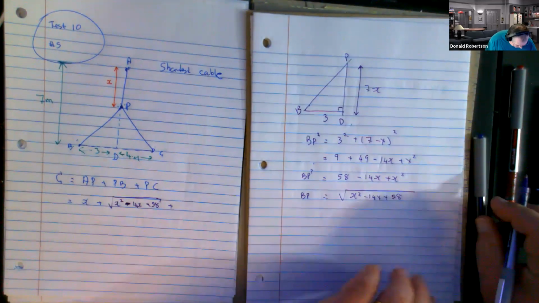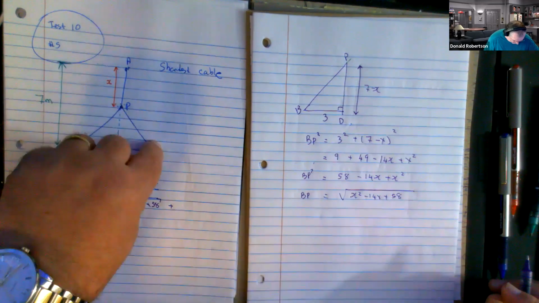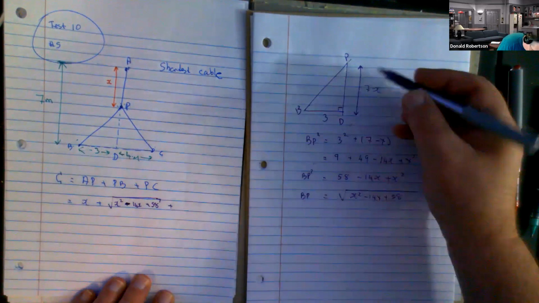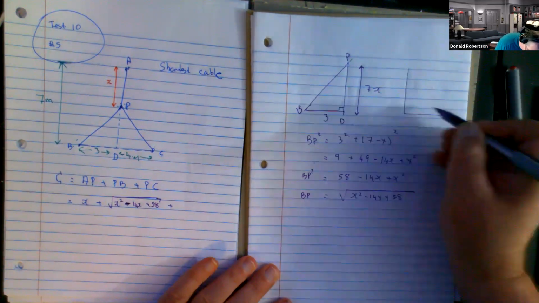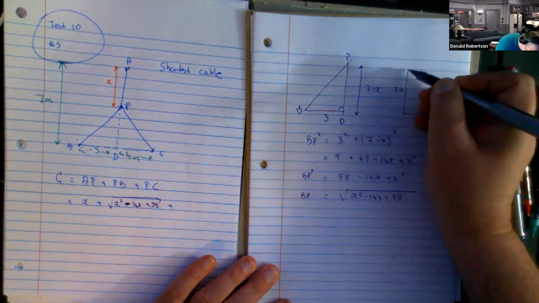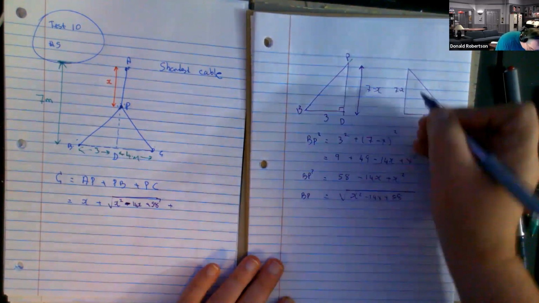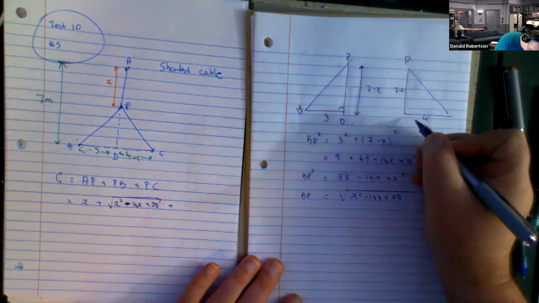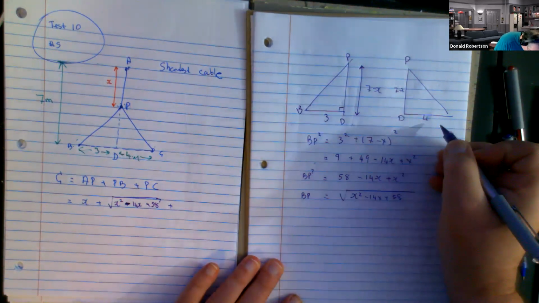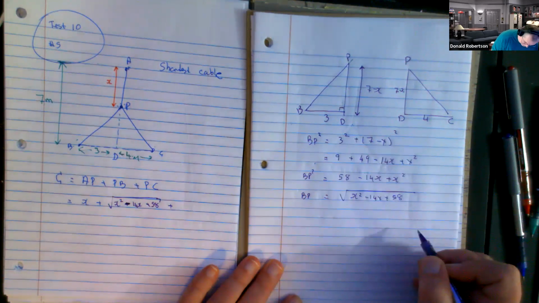Now, if you want to get PC, you're going to have a guy that looks just like this. It's going to be 7 minus X this time. And this guy here is 4. And that's P, and that's D, and that's C.